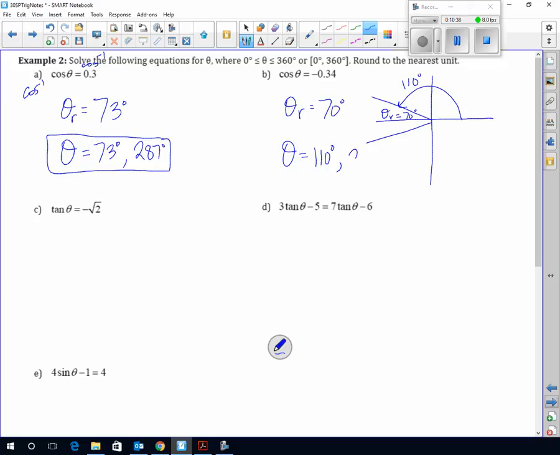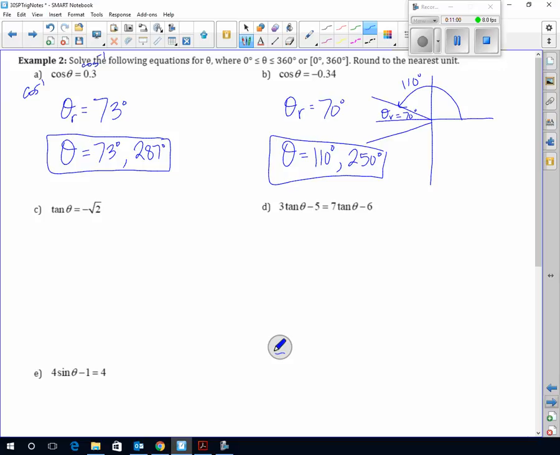Okay. Is root 2 for 10 on the unit circle? Think about this. What's the only values for tan that are on the unit circle? No. The values for tan theta. 1 or negative 1. 0 or undefined.